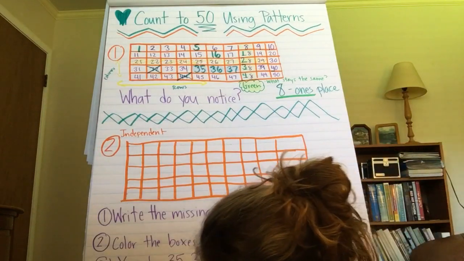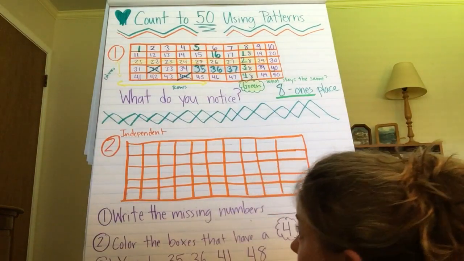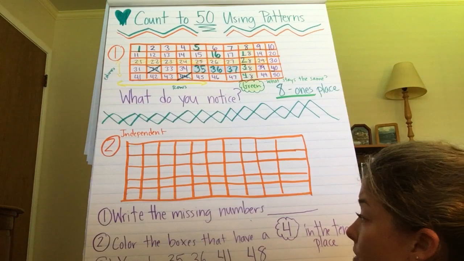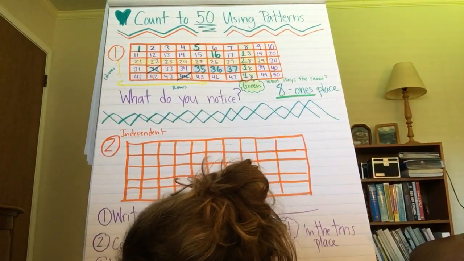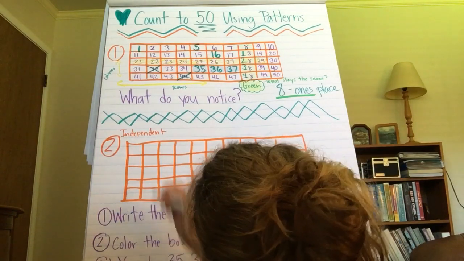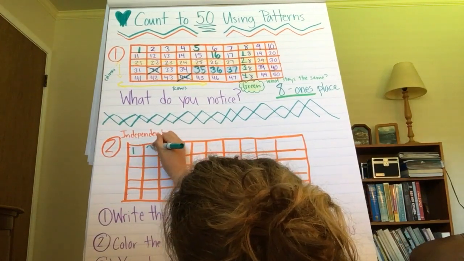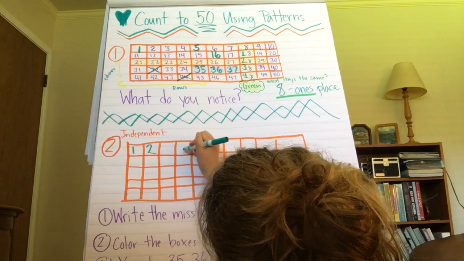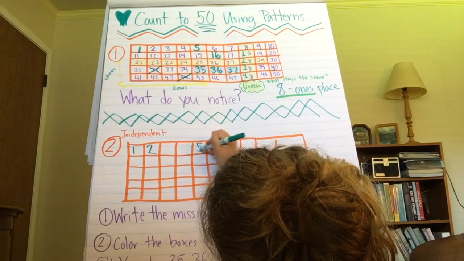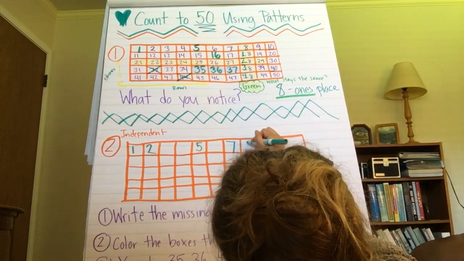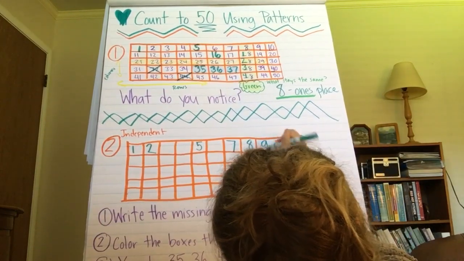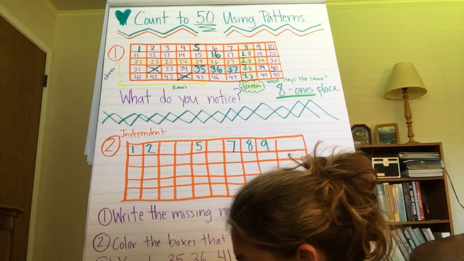That's cool. Okay, friends, now you're going to do as I do. I'm going to grab my green marker, and you're going to write all of the numbers that I write, okay? Here we go. Skip, skip, skip, and skip. Okay, make sure you're with me so far.